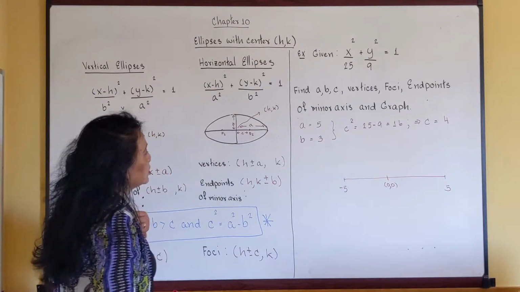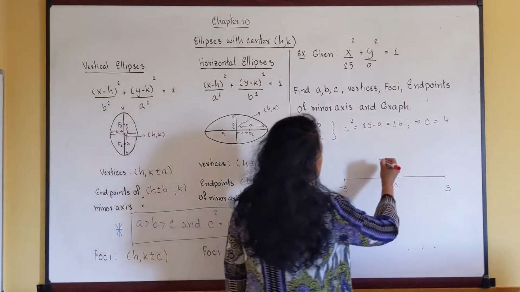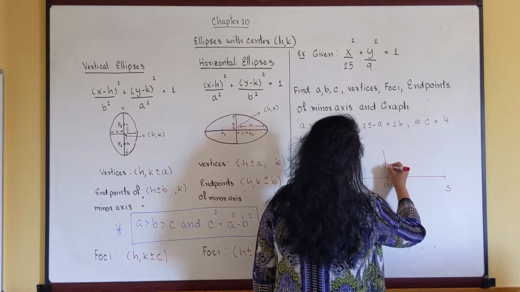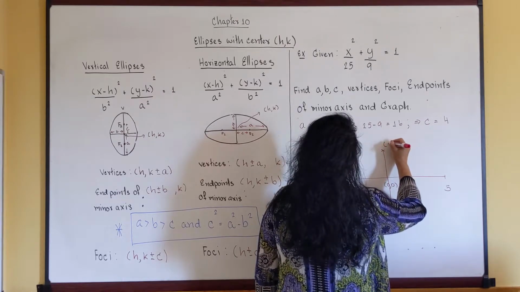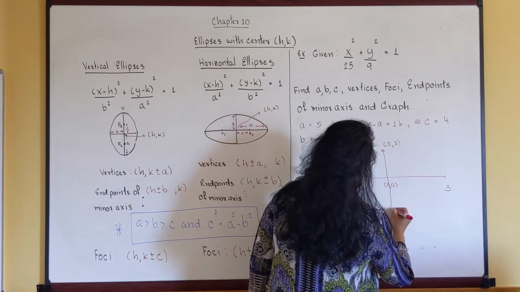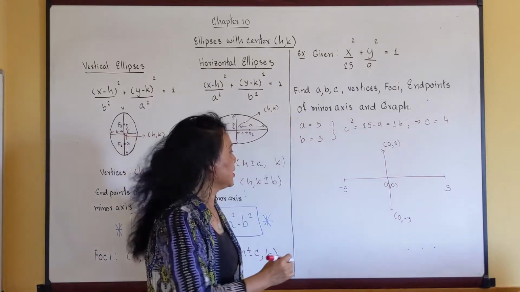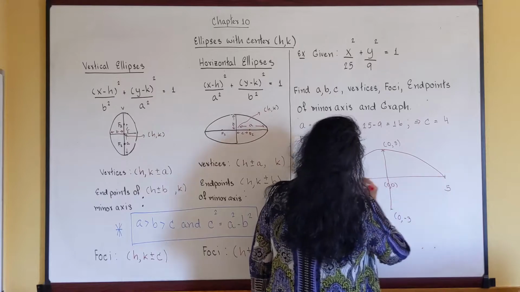Your B is your endpoint of the minor axis. Your B is 3, so let's go here: 0, 3, and 0, negative 3. That should be your picture. It should be a horizontal ellipse.